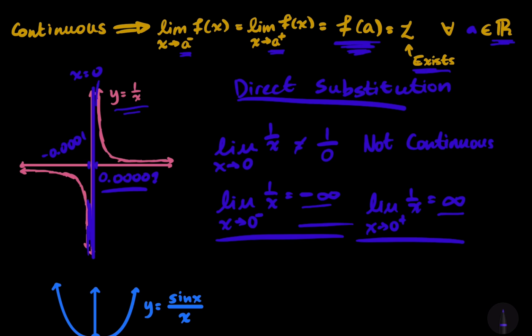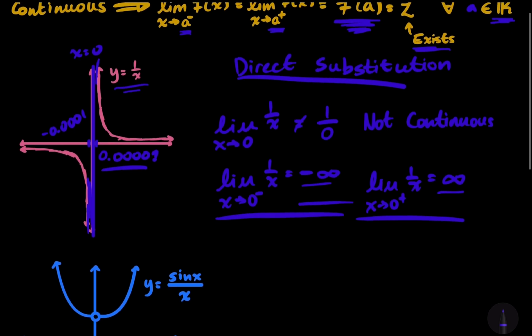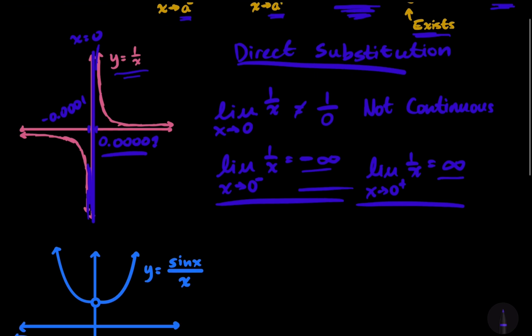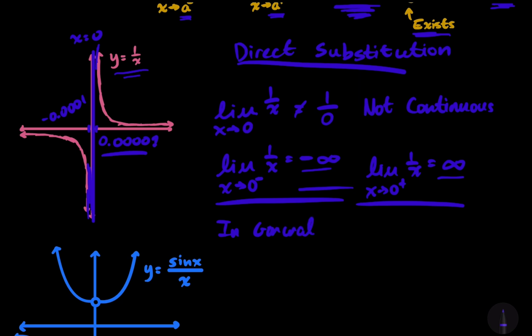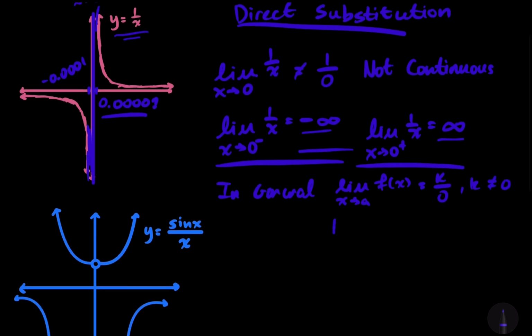And in general, if you want to determine whether or not there is a vertical asymptote at a particular point, we can say in general, if you have a particular value a, and we take the limit as x approaches a of f of x, and this yields something like k over 0, where k is not equal to 0, then we can say there is going to be a vertical asymptote.